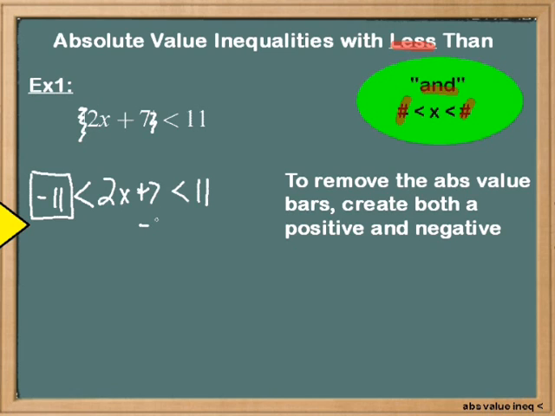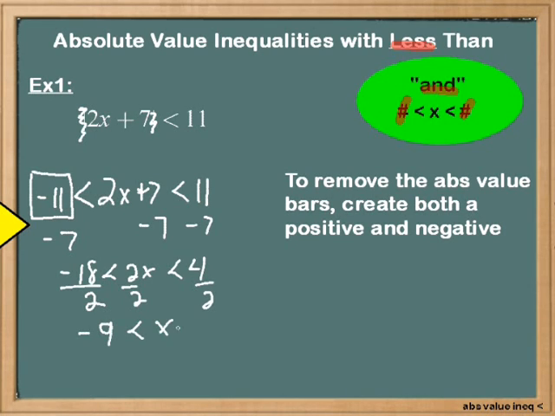All we have to do is work from the inside out, follow all the rules of our basic algebra, and we get -18 is less than 2x, which is less than 4. Divide out that 2. And divide it to everything. The -18 now becomes a -9. We have the x and the 2.